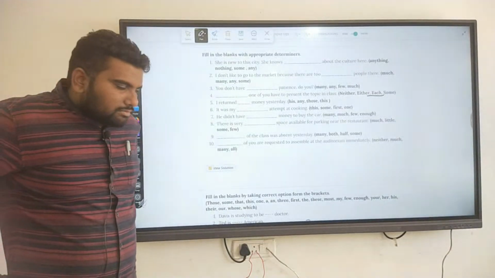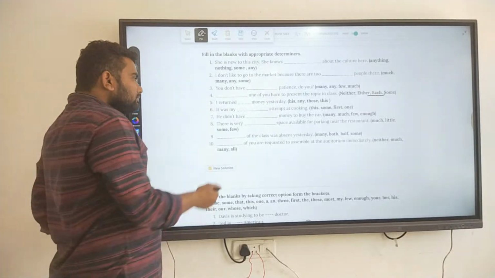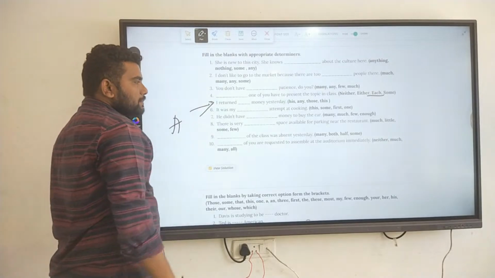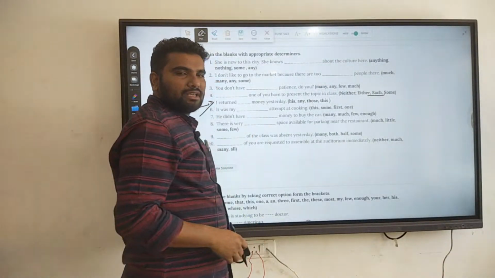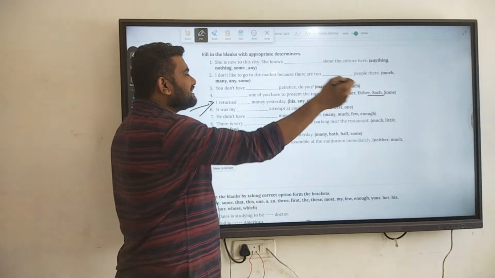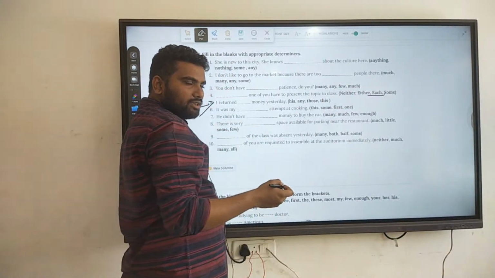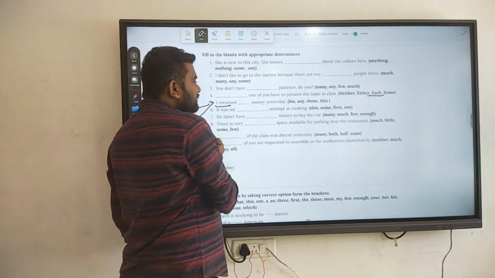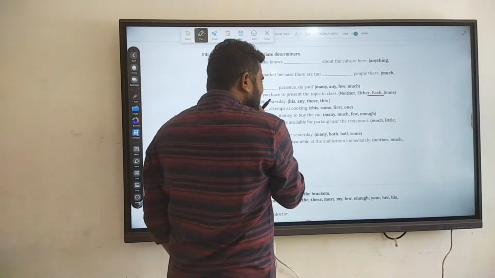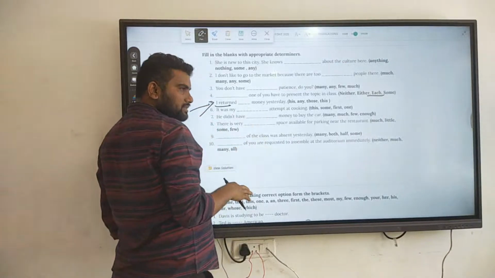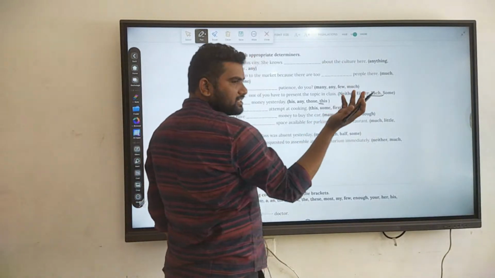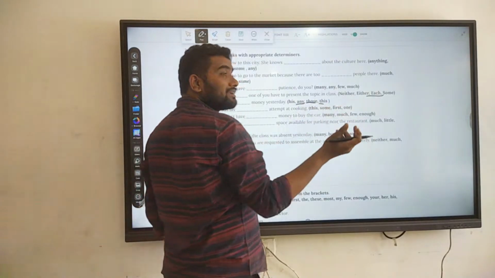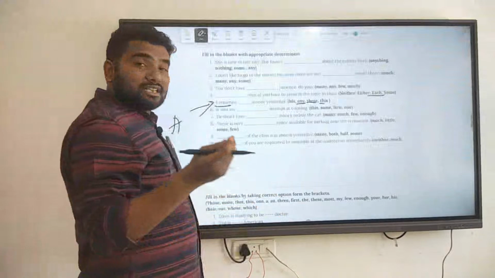Next, I returned dash money yesterday. So here there is a person A, it is I. He has taken money from somebody, and now he is returning it to that person from whom he has taken. So this, it is demonstrative again. Those is for plural, any is for materials, things, and is used in negatives.